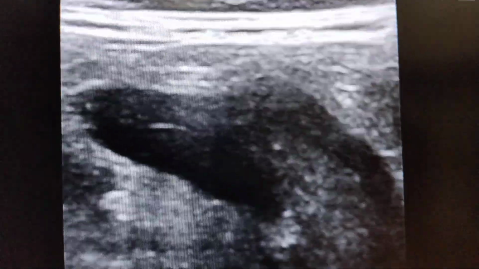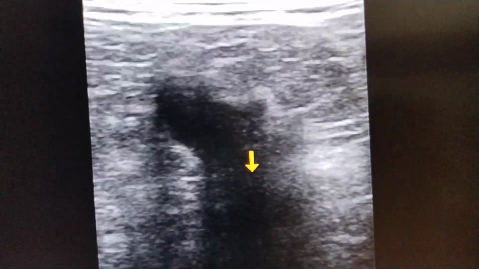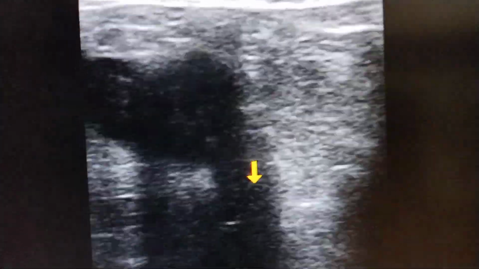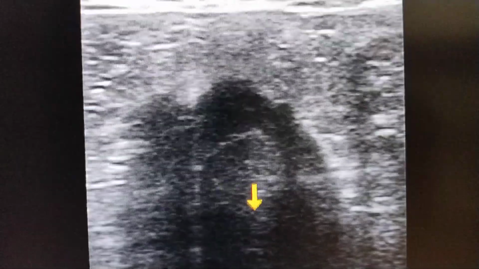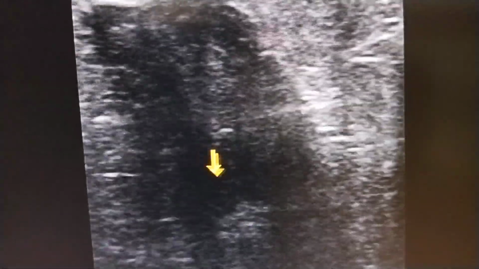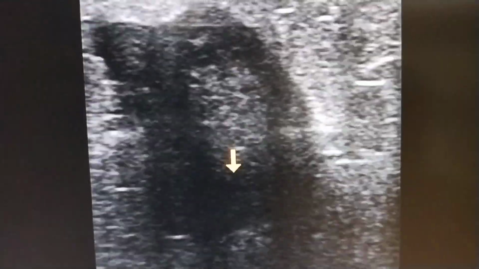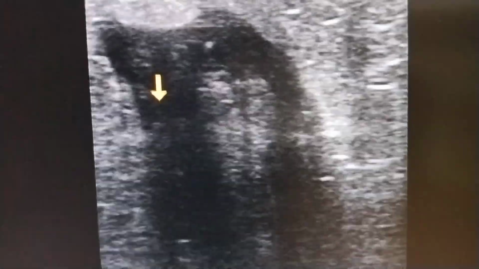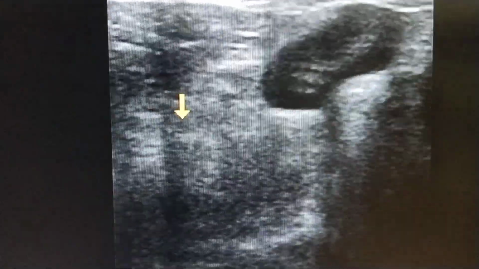So now I have reached the pelvic region, and here we can appreciate this is the sigmoid colon, which is also having the same appearance. So now I am going upward.